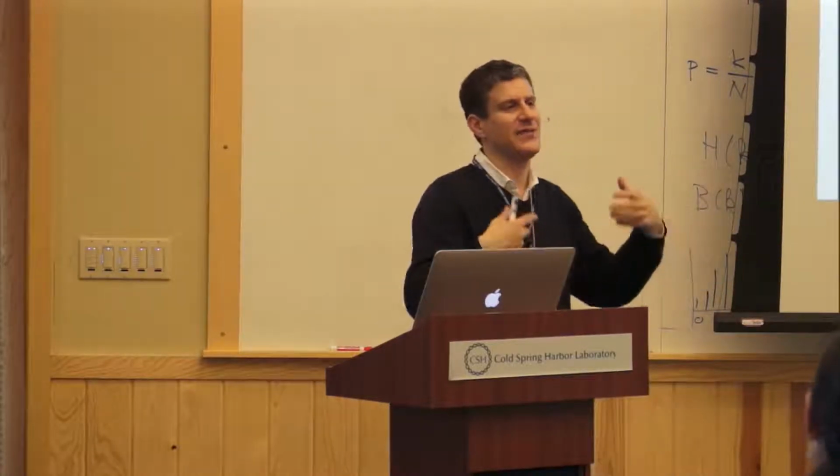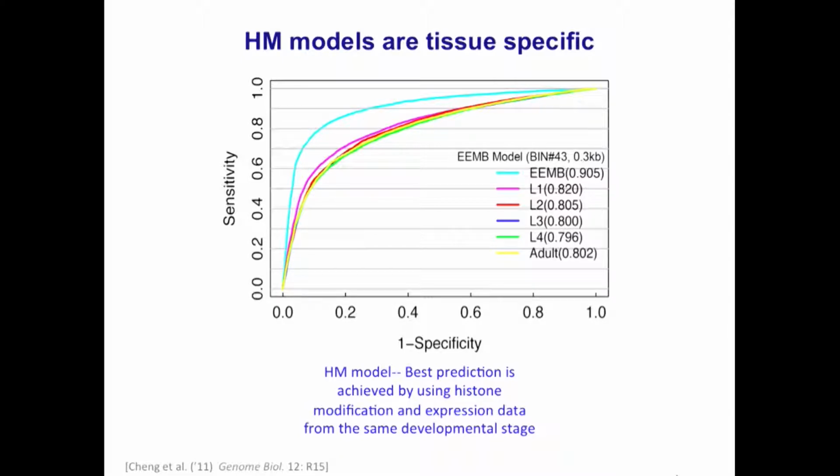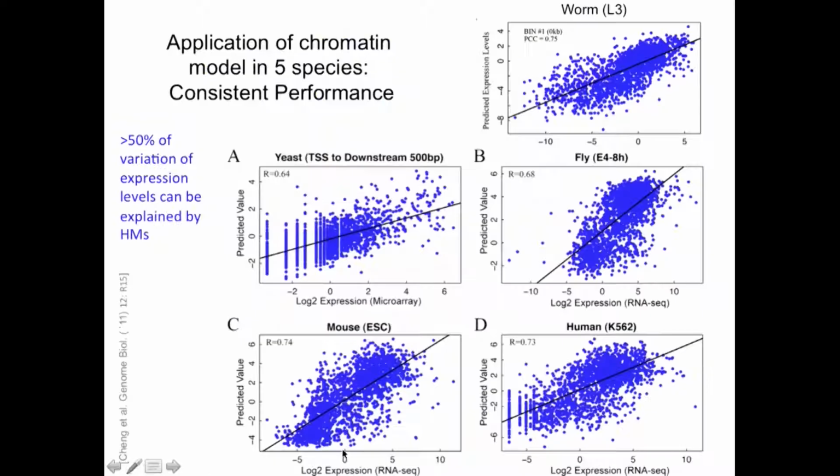It's kind of stupid in a way, but it doesn't work as well as if you take a matched one, and that's what this picture shows. The blue line is the match, and the other lines are not matched, which is kind of satisfying. You can do this type of thing in different organisms, in mouse, in flies, and so on and so forth. So that was the overall picture of this little histone model.